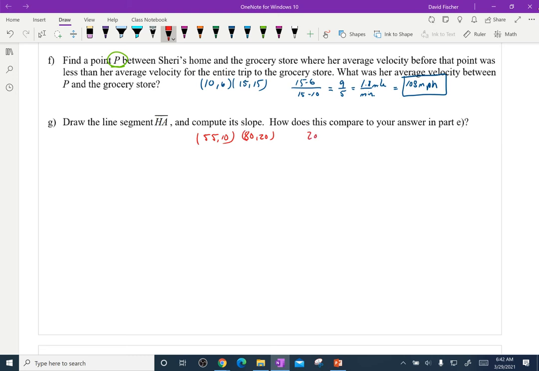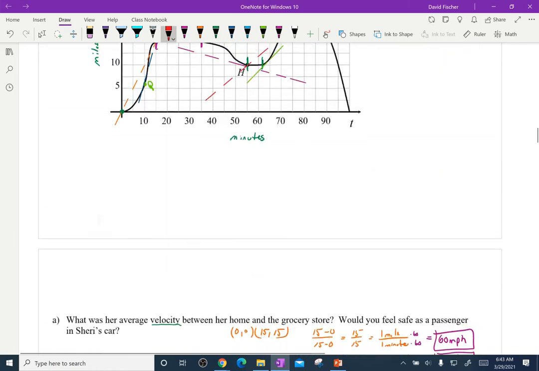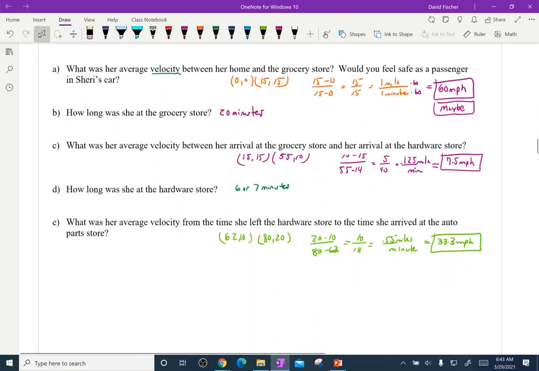Find the slope. So now she's going 24 miles per hour. Let's see where it was when we did that other line. What color was that? It was the green line.